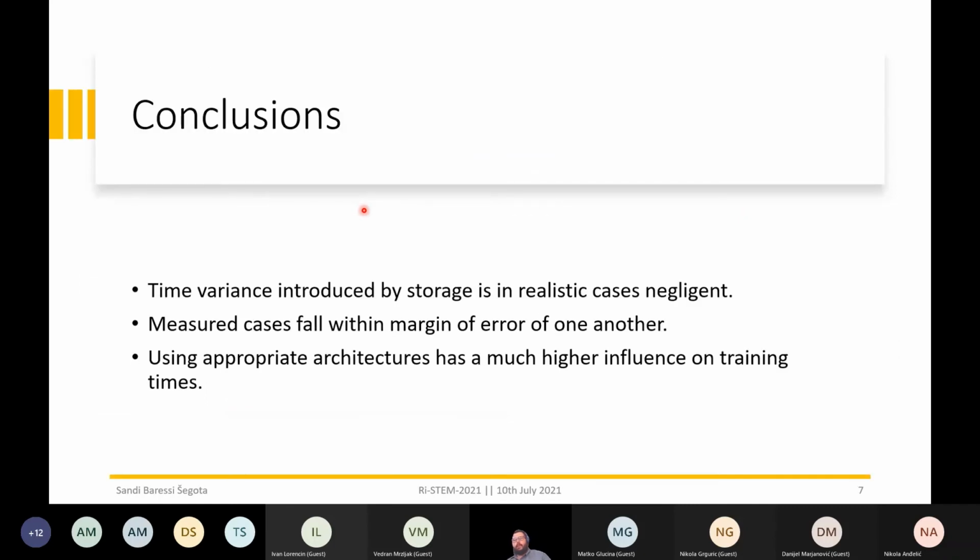So what can be concluded from what we observed? Well, the first thing is that the time variance that gets introduced by using different storage is negligible, with measured cases falling within margin of error of one another. What does this mean? For standard datasets, someone may ask the question, why can't we use significantly larger datasets, 200,000 images, something like that?